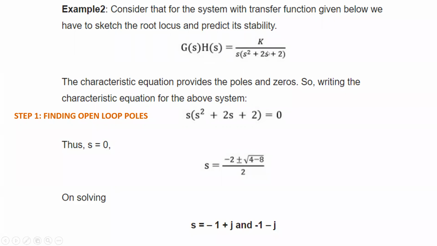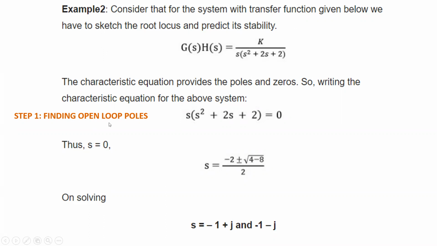So we have the open loop transfer function given. We need to sketch the root locus of this closed loop transfer function and predict its stability. So let us start doing our analysis.